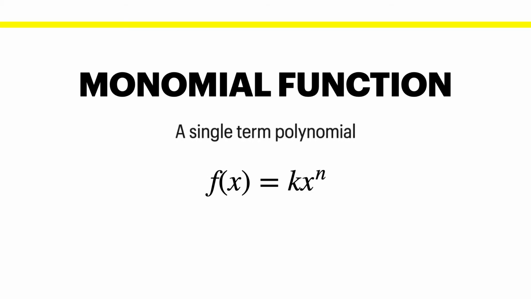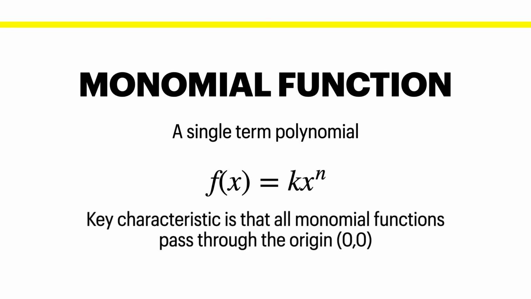With a single term polynomial, any number you put for k and n, if x is equal to 0, y will always be 0. So a key characteristic for all monomial functions is that they pass through the origin at 0, 0.